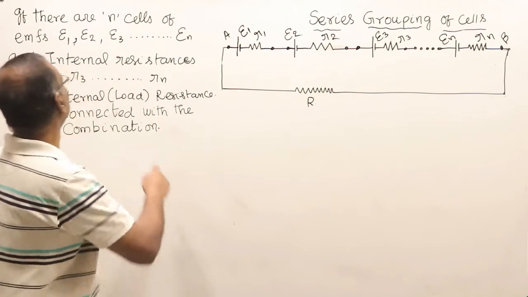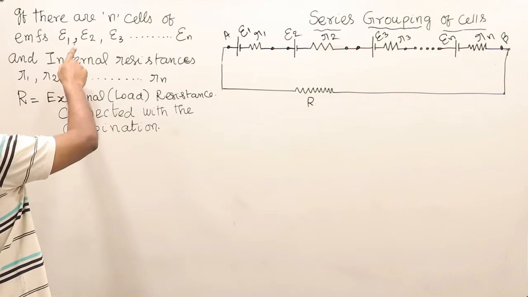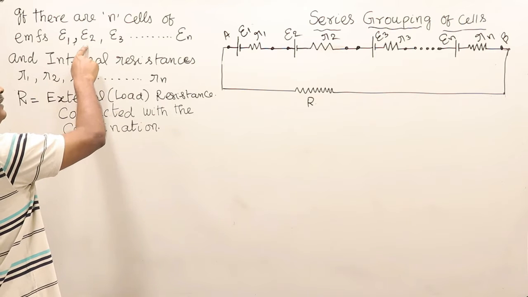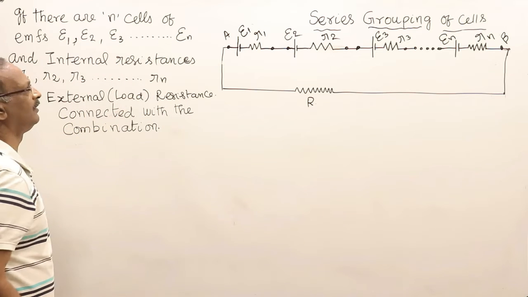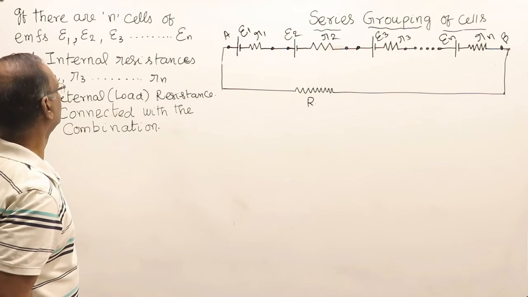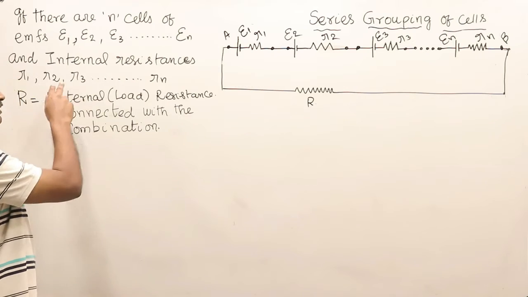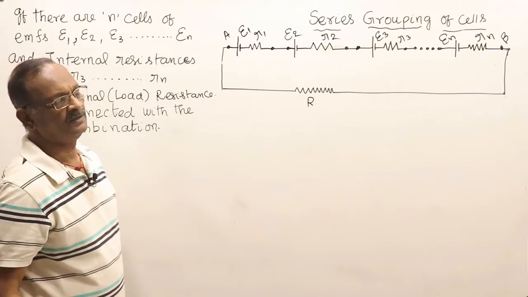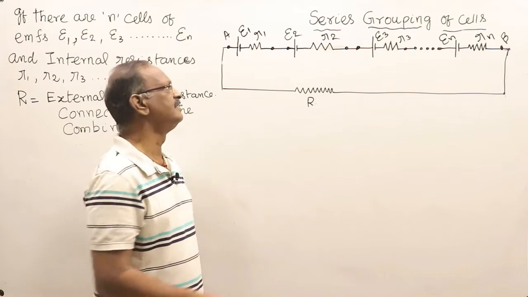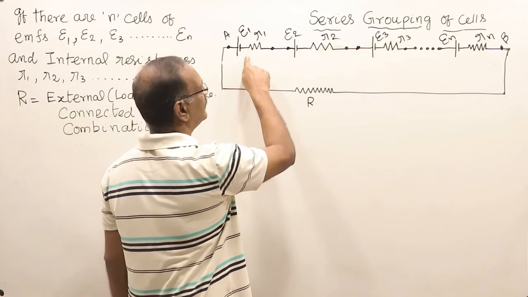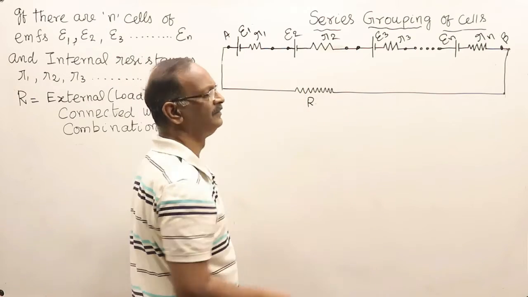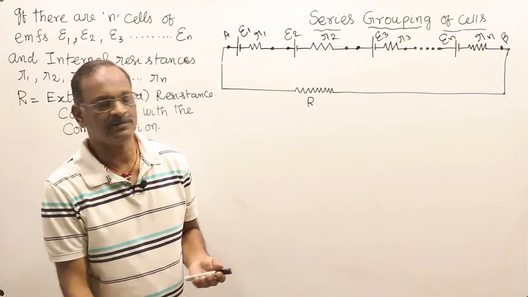So there are n number of cells of EMF epsilon 1, epsilon 2, epsilon 3 up to epsilon n, and internal resistance R1, R2, R3, connected in series. In series means the negative terminal of one cell is connected to the positive terminal of another cell and so on.